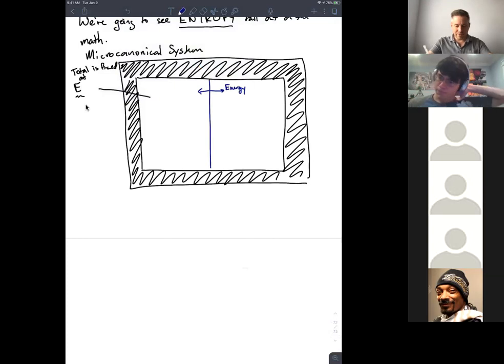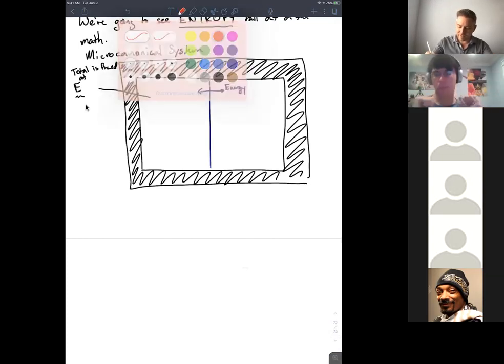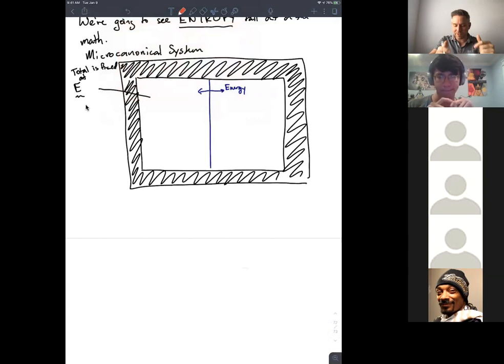Okay, so now I'm going to call the system on the left system 1, and the box on the right system 2.